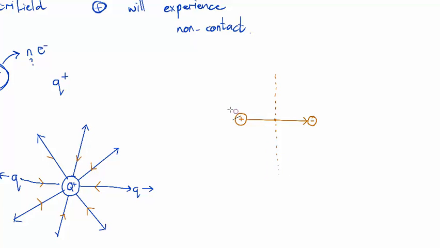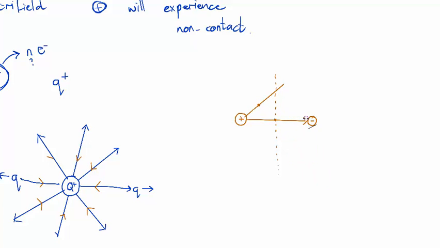While if I put a charge somewhere here, a little bit closer to the positive charge, we would expect it to be pushed away in this direction, but this one pulls it in towards it.